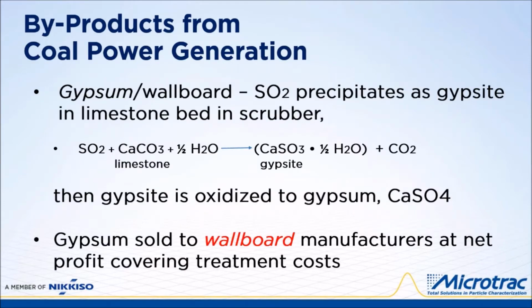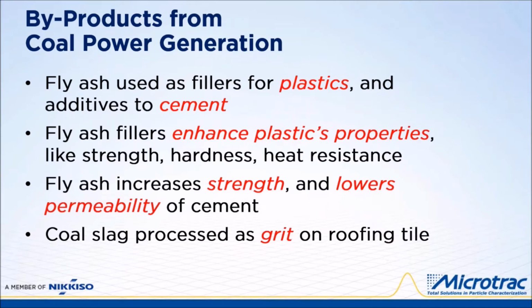SO2 precipitates with limestone to form gypsite, calcium sulfite, which is then further oxidized to gypsum, calcium sulfate, which is sold to wallboard manufacturers at a net profit covering pollution abatement costs. Fly ash is used as fillers for plastics and additives to the clinker or final product of Portland cement.